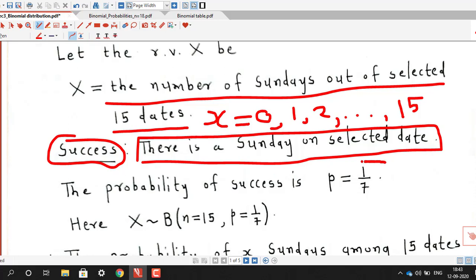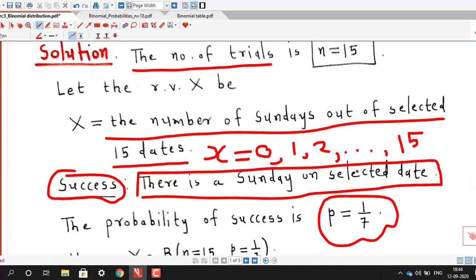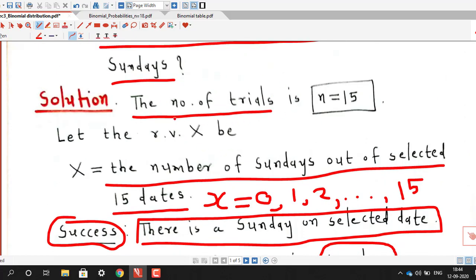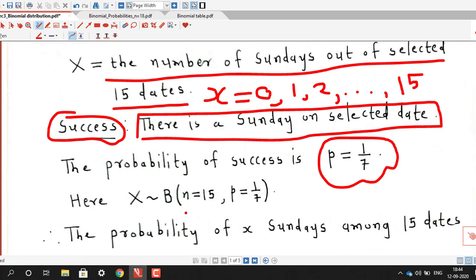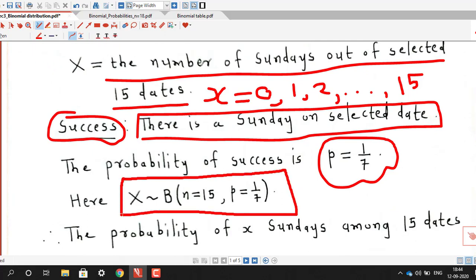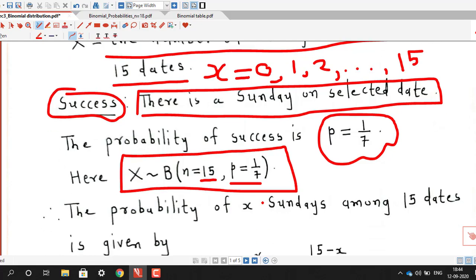The probability of getting a Sunday on a particular date is 1 by 7 because there is only one Sunday in a week. From this information we can say that capital X is a binomial random variable with number of trials equal to 15 and probability of success 1 by 7.